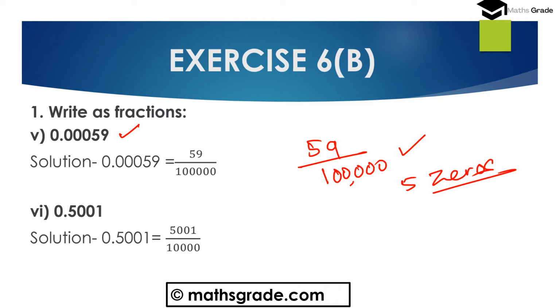So 0.00059 is 59 divided by 100,000, because there are five digits after the decimal point.